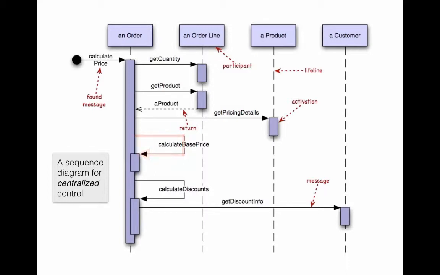But why is the arrow for calculate base price pointing back to the lifeline of the order object? I won't ask you to pause the video here, but if I give you 10 seconds, can you tell me what it means that the arrow for calculate base price is pointing back to the lifeline of the same object it's being called from? 10 seconds starting now.